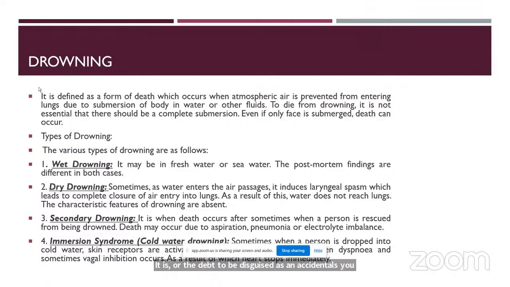Now when we examine the lungs in both ante-mortem drowning and post-mortem drowning, the differences we can see are these. When we examine the lungs in ante-mortem drowning, they are bloated and overlap the heart, are indented with rib marks, and are grossly edematous. But in post-mortem drowning, water may be seen in the lungs.